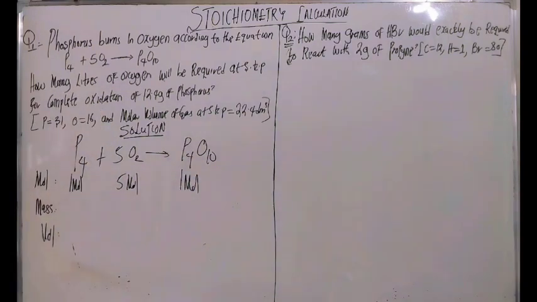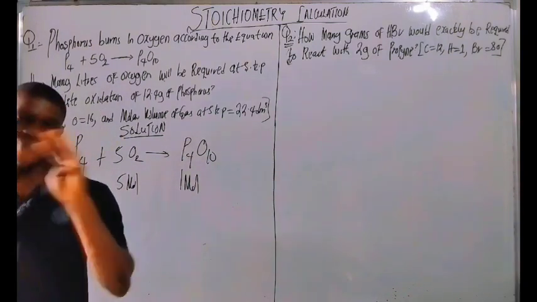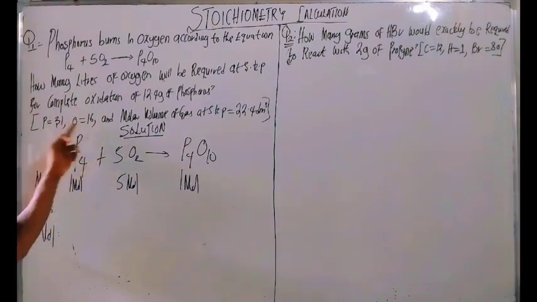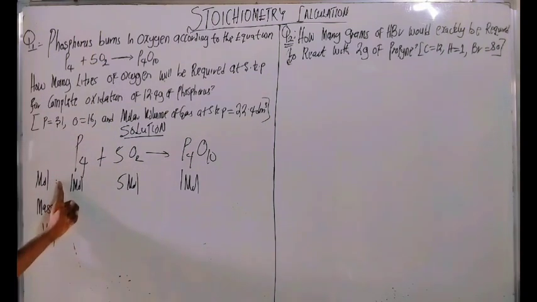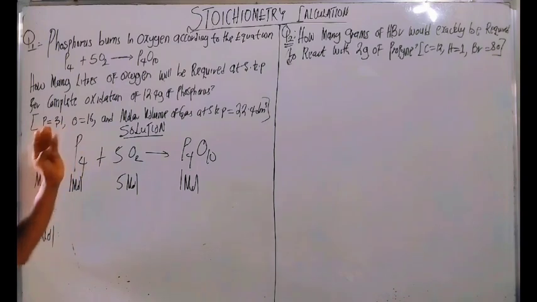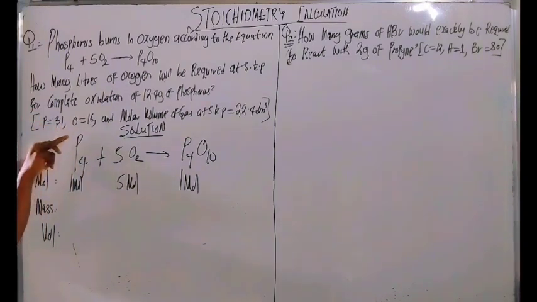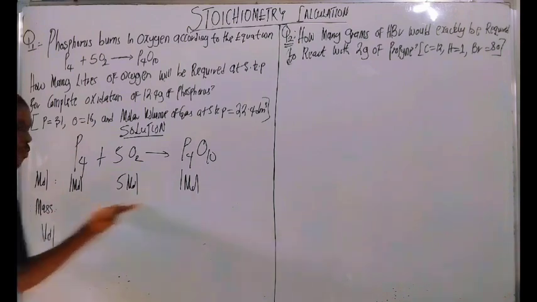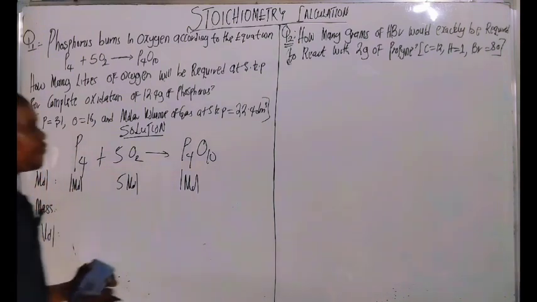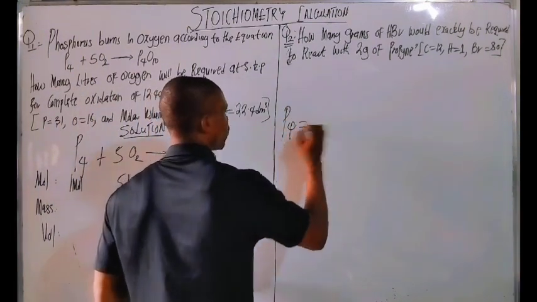Do you see that? Now, how do we get the mass? The mass is very easy. Calculate the molar mass of this compound and multiply it with the number of moles. Just as easy as that. Calculate the molar mass of each compound and multiply it with the number of moles. So here we have phosphorus, P4, right?